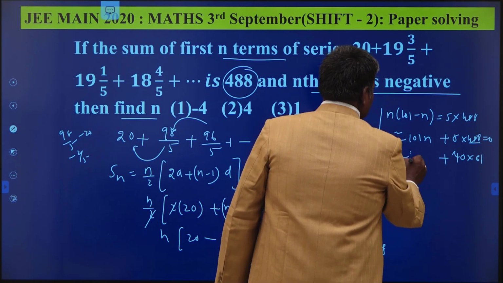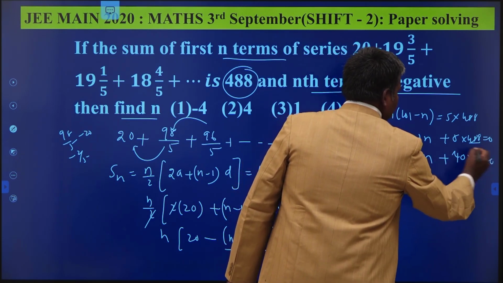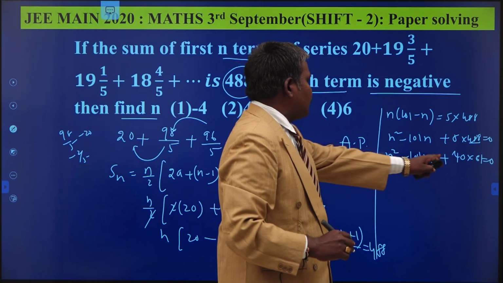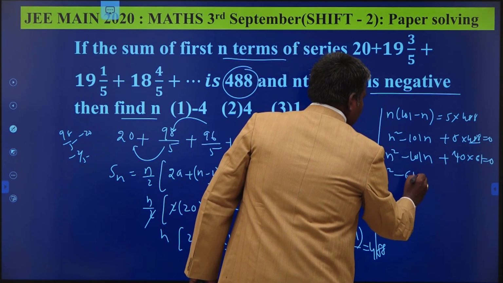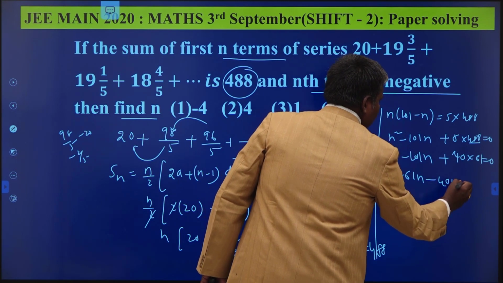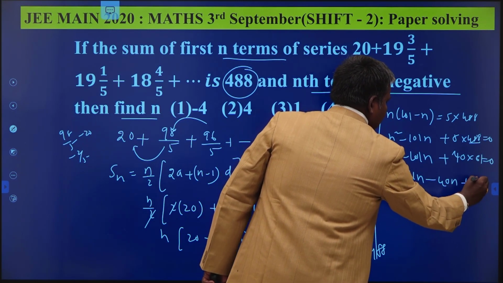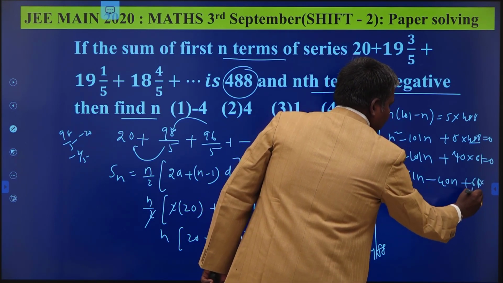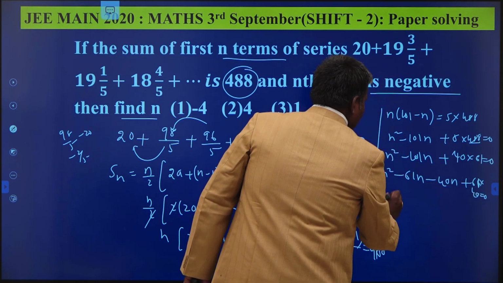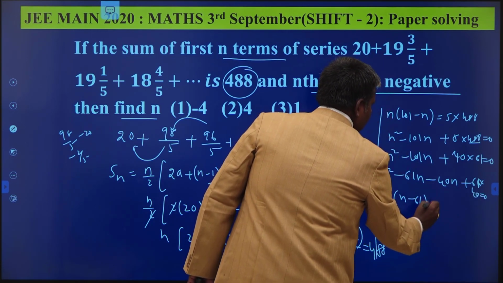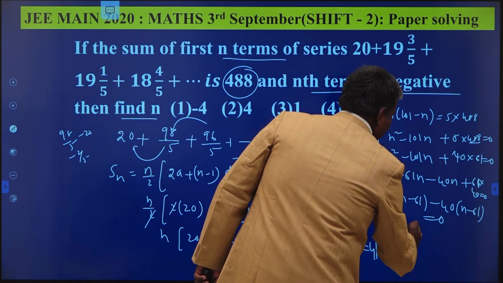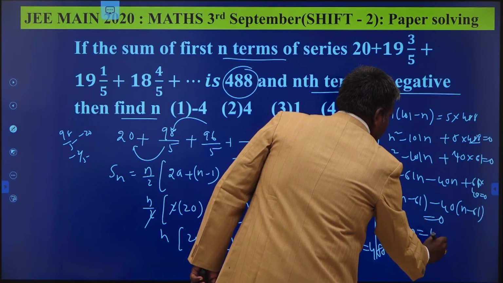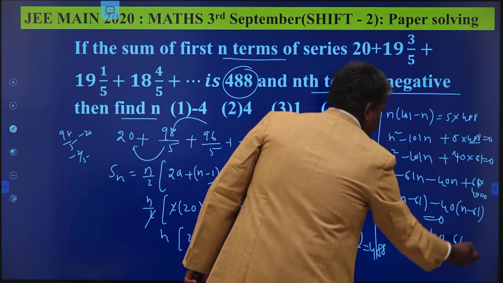So 40 plus 61 is 101. You can write n square minus 61n minus 40n plus 61 into 40 equal to 0. That is n into (n minus 61) minus 40 times (n minus 61) equal to 0. So the number of terms is either 40 or 61.